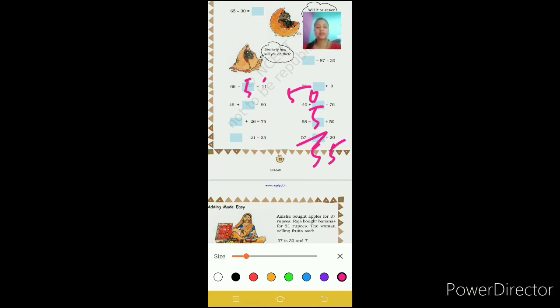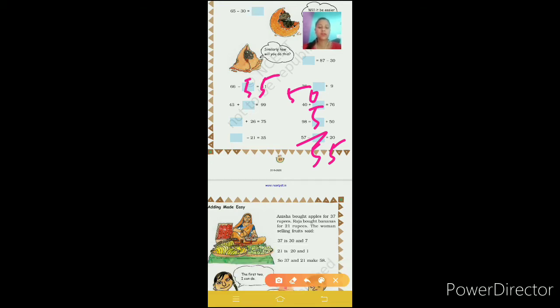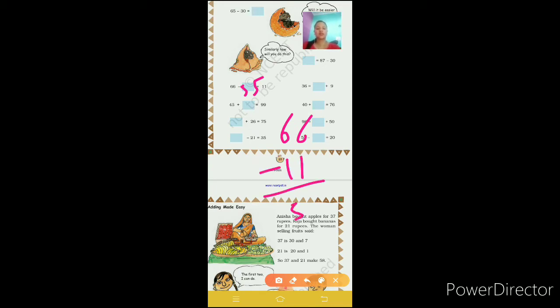So answer is 55. When you subtract 55 from 66, the answer is 11. Okay, and mathematically, if you want to do that, what you have to do, 66 minus 11 is equal to 55. So answer is 55.